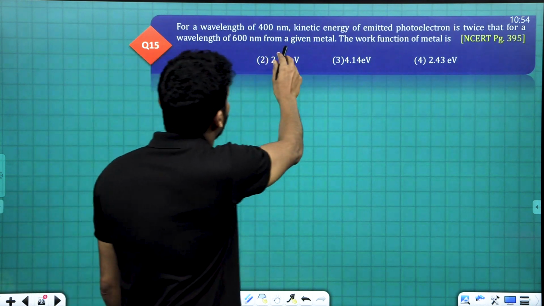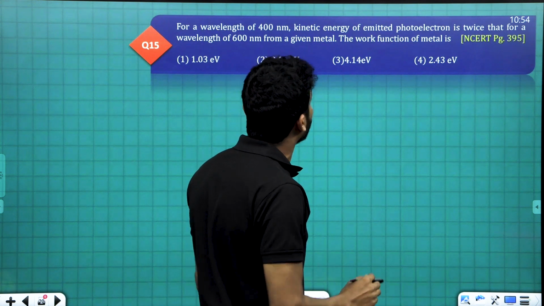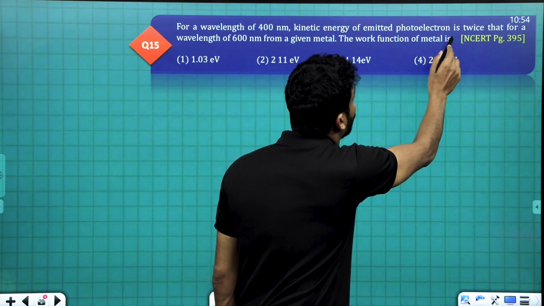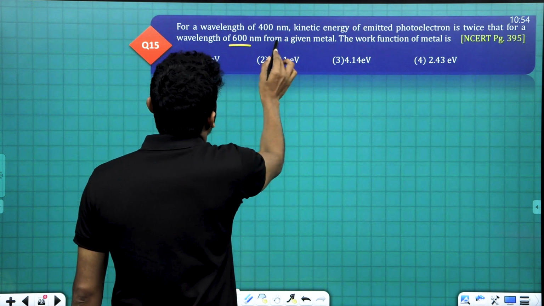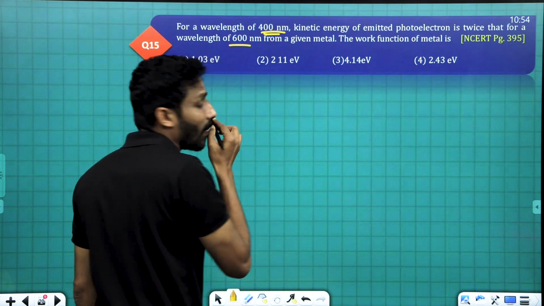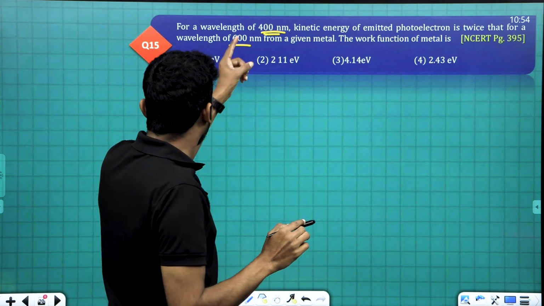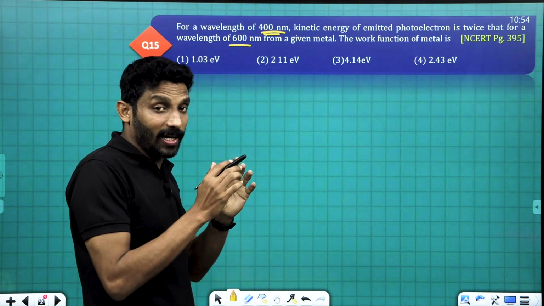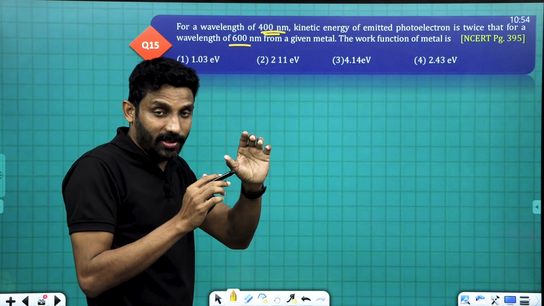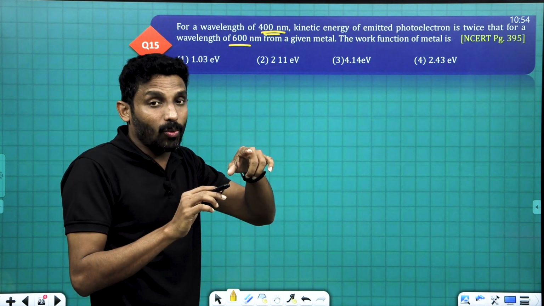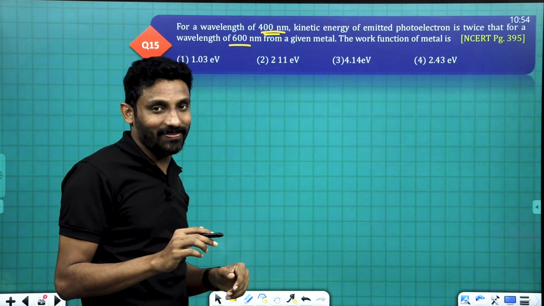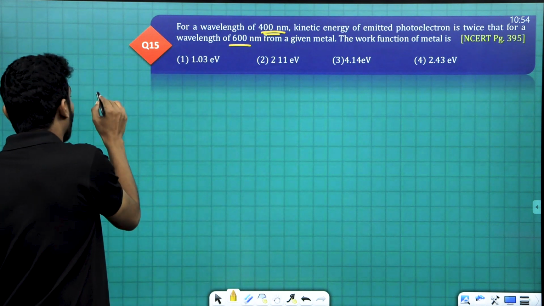For a wavelength of 400 nanometer, the kinetic energy of the emitted photoelectron is twice that for a wavelength of 600 nanometer. This is Einstein's photoelectric equation.